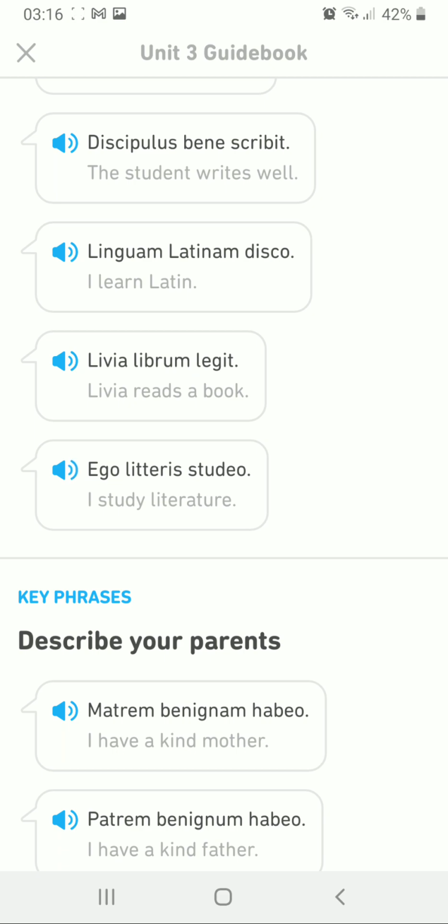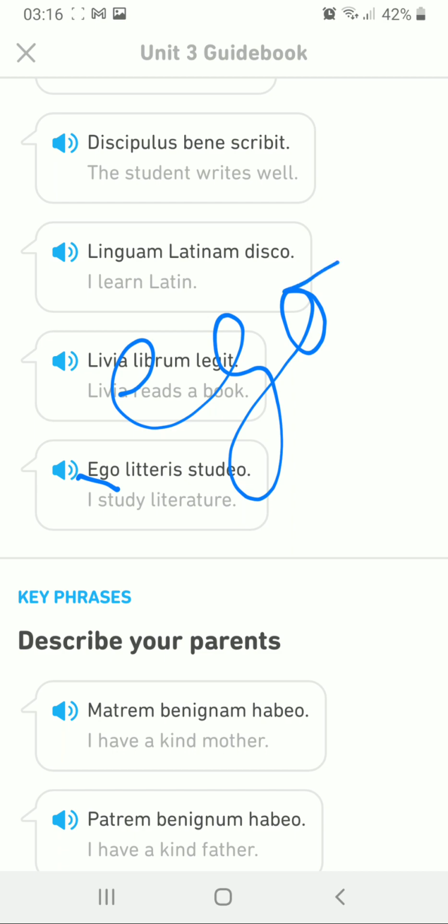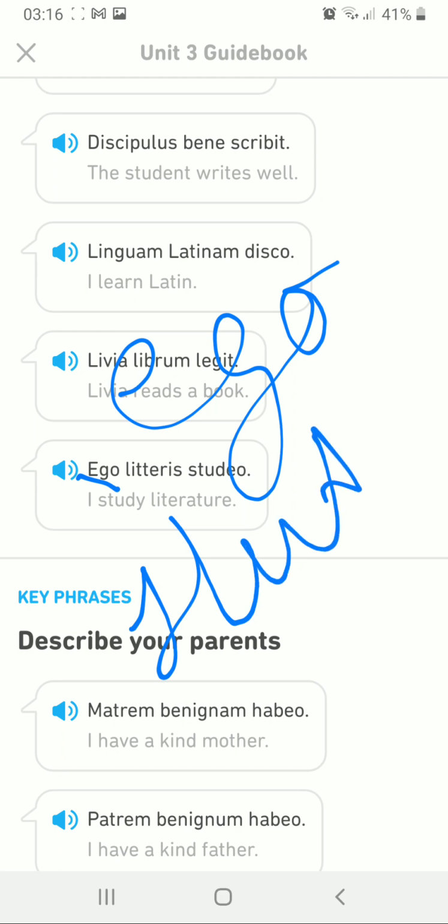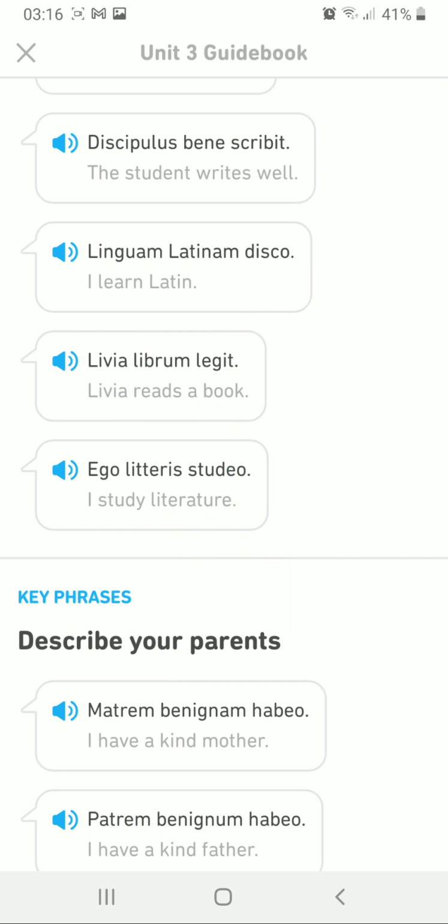Ego litteris studeo. And here it's also the same. This time we have the subject pronoun ego, which is I, of course. What am I doing? I'm studying. Studeo. And what am I studying is the object.